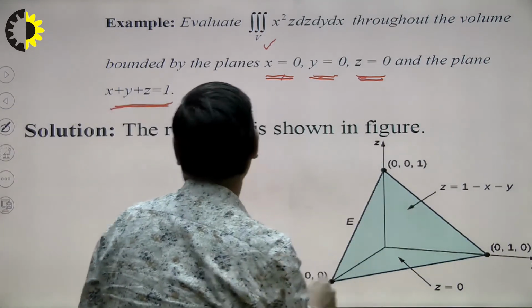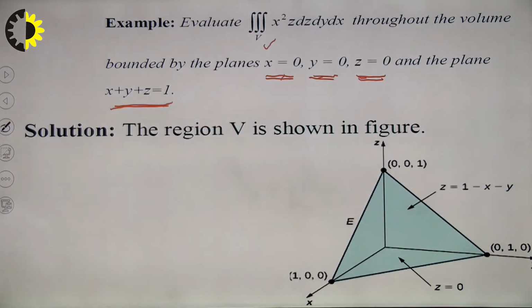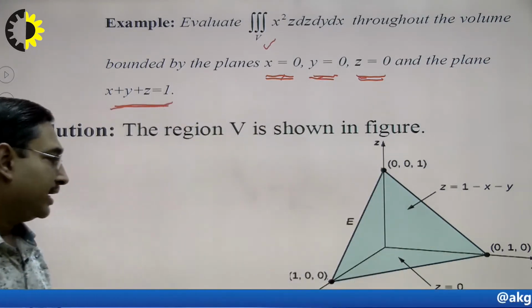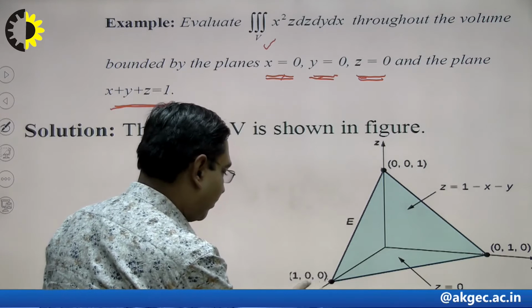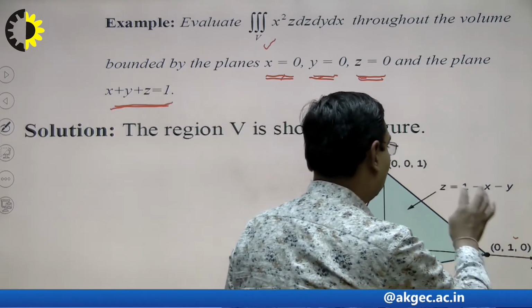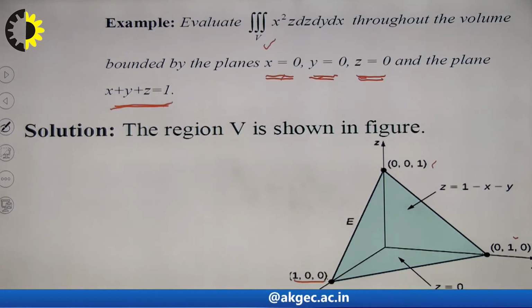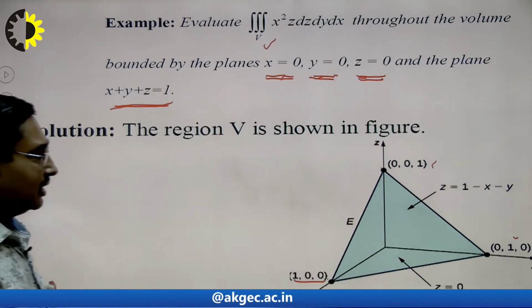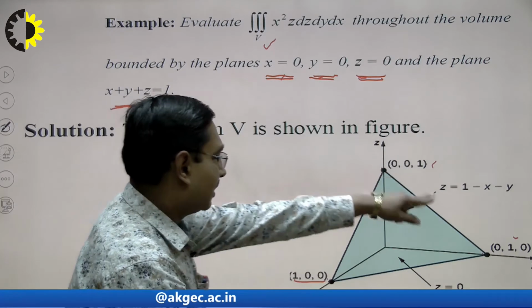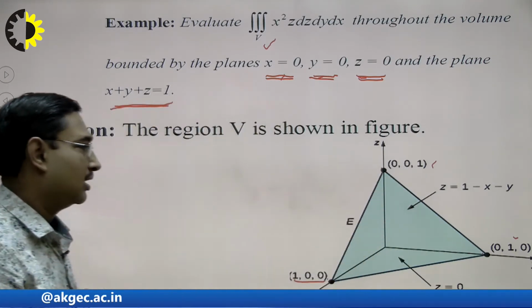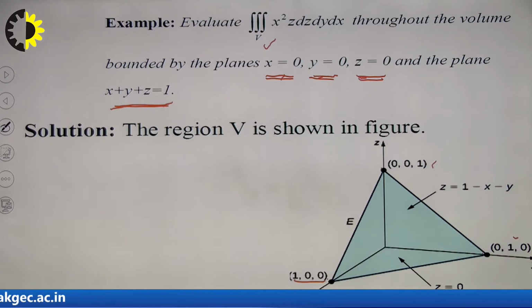This plane x plus y plus z equal to 1 is shown by this triangle here. It has (1,0,0), (0,1,0) and (0,0,1) as points of intersection on the coordinate axes, and the region bounded by this plane in the positive octant, shown here in blue color, is the region of integration.